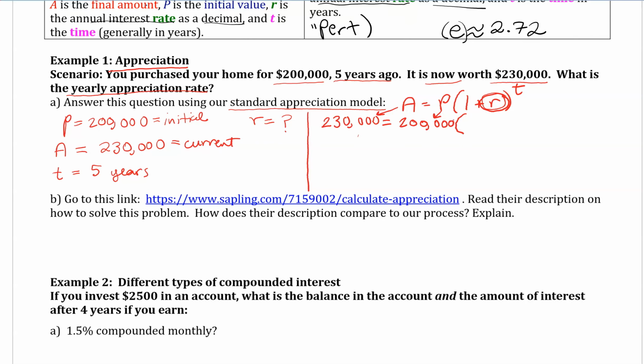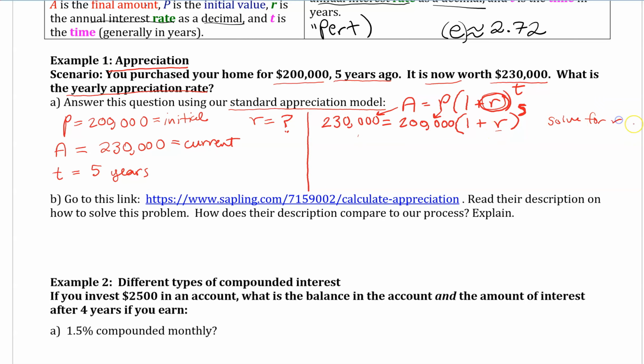I'm going to multiply 200,000 by 1 plus R. Notice I'm leaving R as R because that's the one thing I didn't know. And I'm going to raise that to the power of 5. So this is my A equals P times 1 plus R to the T, but with values plugged in for A, P, and T. And then I'm going to solve for R.